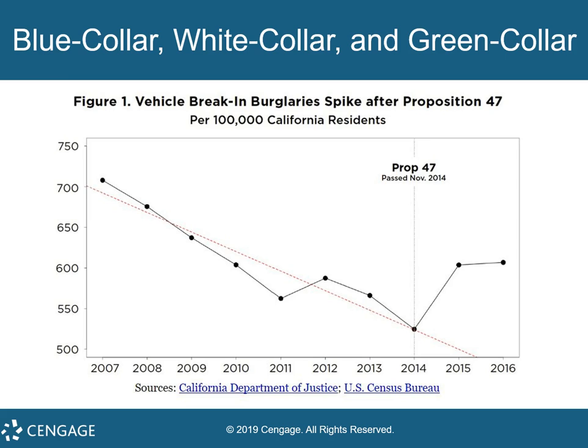If you look from 2007 all the way towards 2011, we see a decrease, and we know that crime has been decreasing, not just in California, in certain areas, not everywhere, of course, but overall, even in the United States. Violent crime has been down from a while ago, and even property crime. And then we see a little uptick in 2012, and then a little bit of a drop again to 2014.